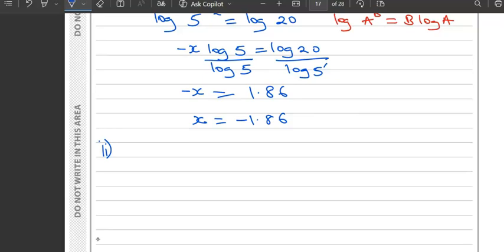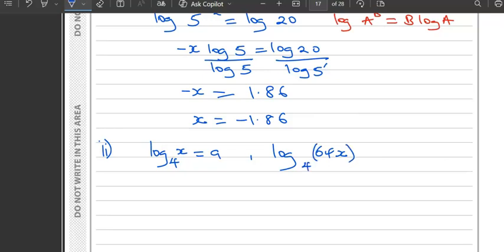So from the question, we've been given log of x to base 4 equals a, and therefore you are required to determine log of 64x to base 4.